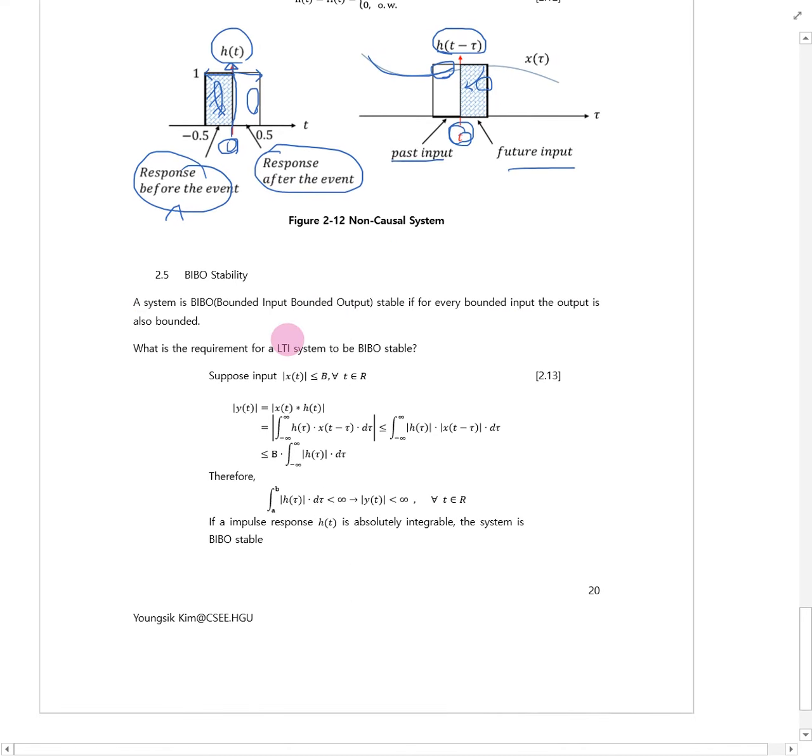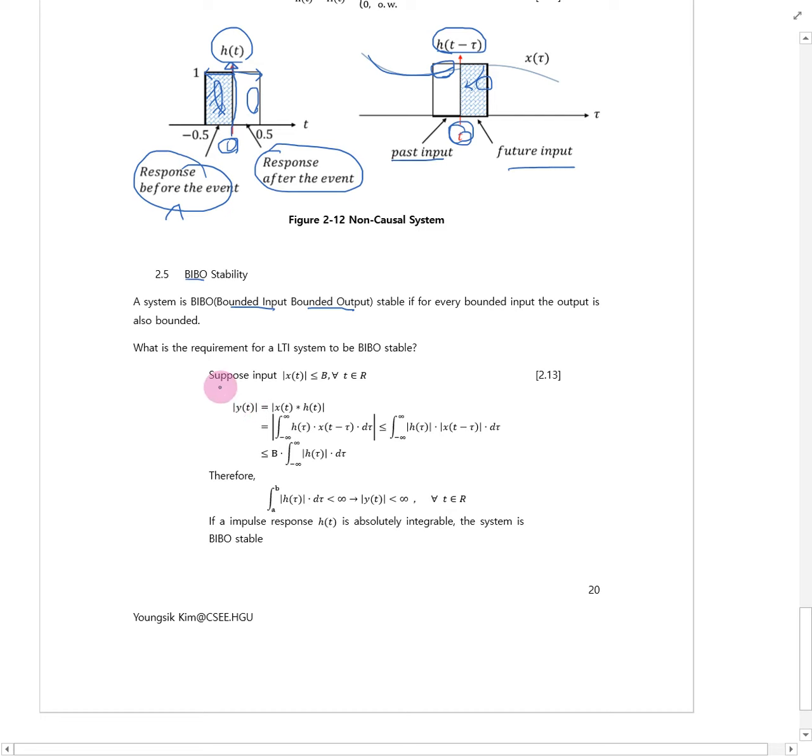The last definition is BIBO stability. BIBO means bounded input, bounded output. If the input is bounded, the output should be bounded. That kind of system is called a BIBO stable system. If a system satisfies that condition, we call it BIBO stable.